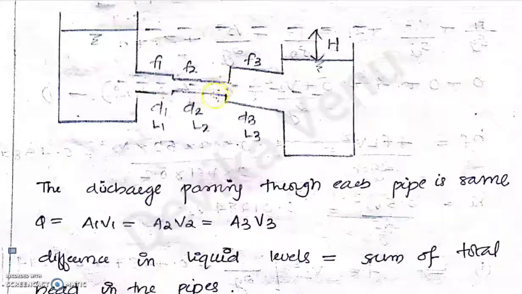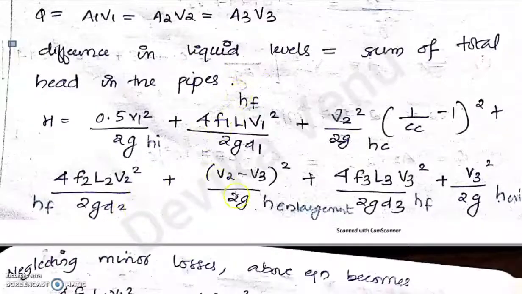Here, because it goes from a smaller diameter to a bigger diameter, the head loss due to enlargement equation should be taken. That is (V2 minus V3) the whole square by 2g.